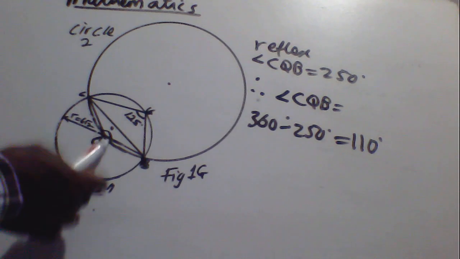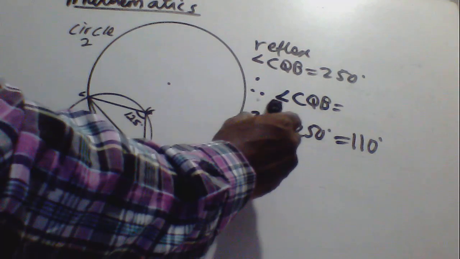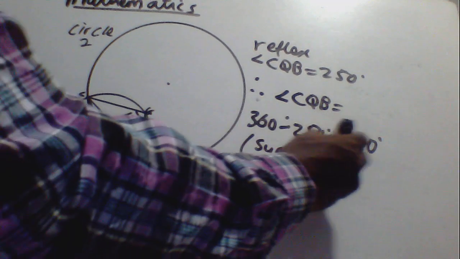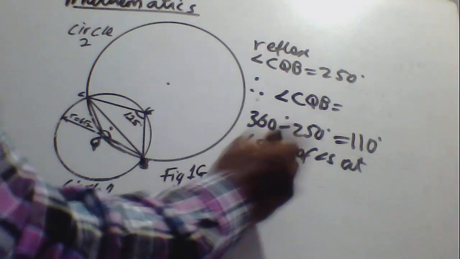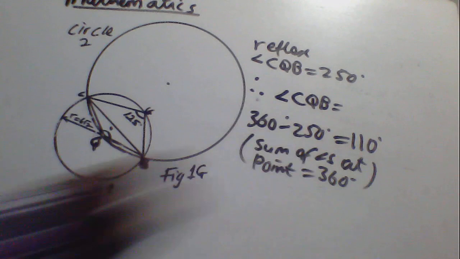We have found the reflex, now we are finding the inner one. The reason is the sum of angles at a point is equal to 360 degrees.